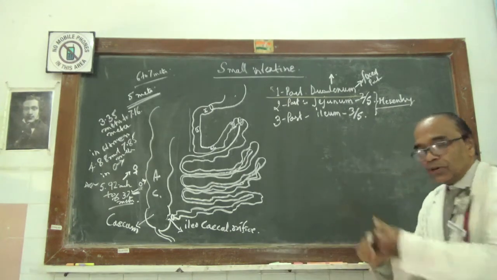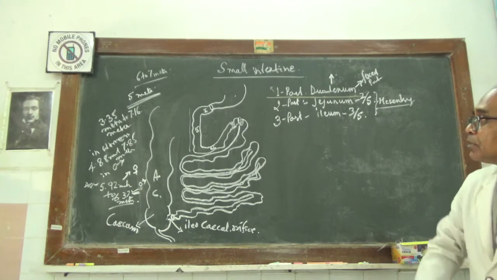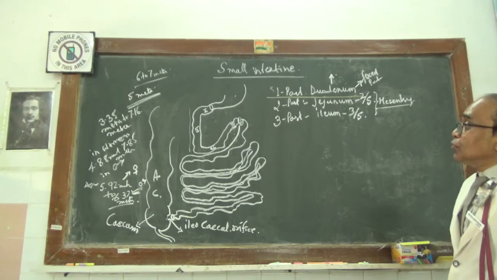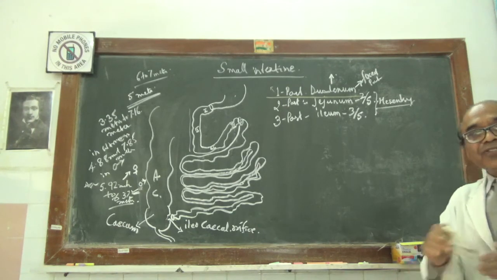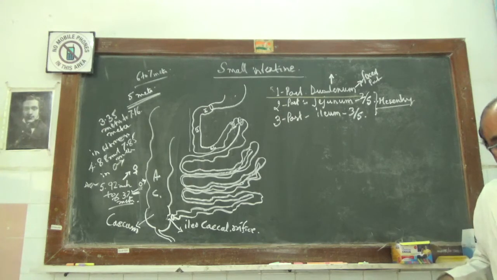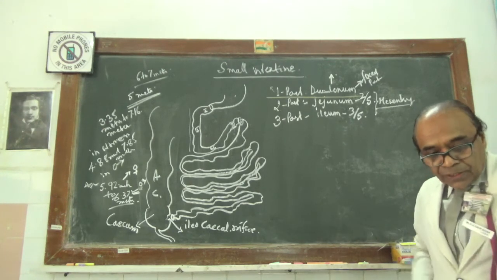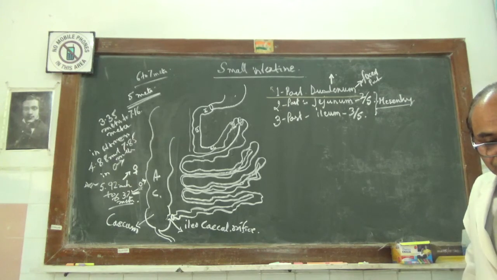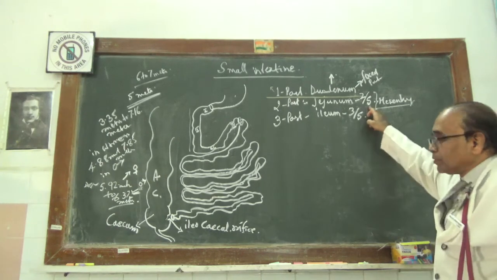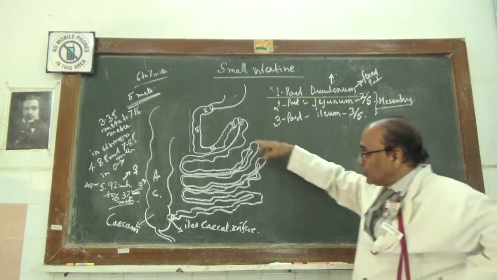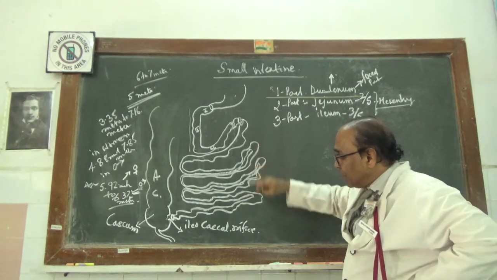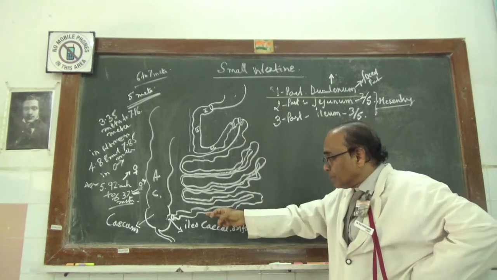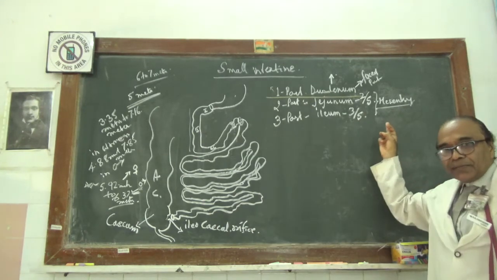Now you have to deal with the jejunum. What is the jejunum? Jejunum is the 2/5 of the small intestine, leaving apart the duodenum.